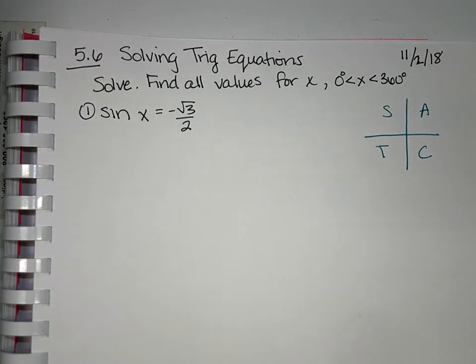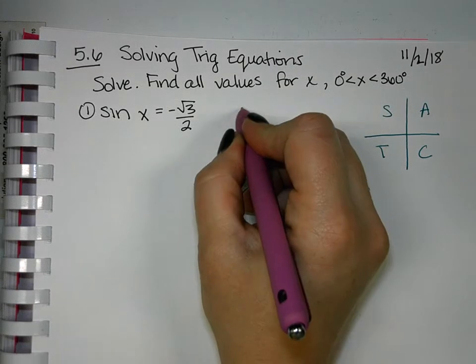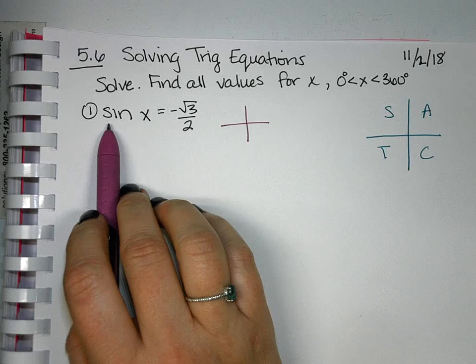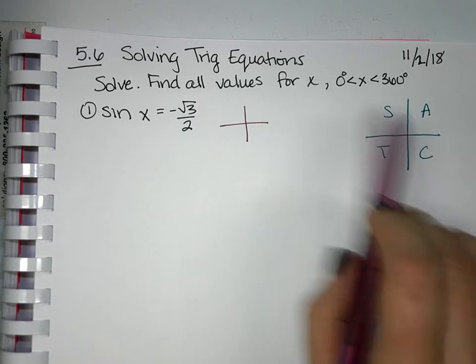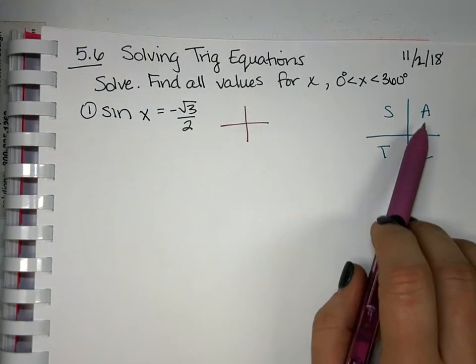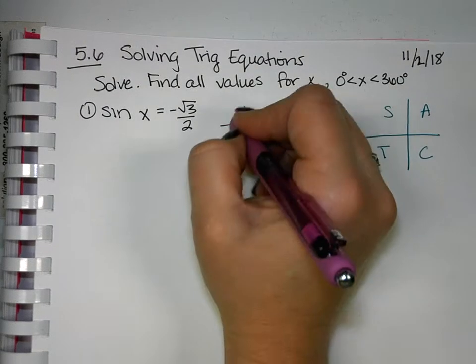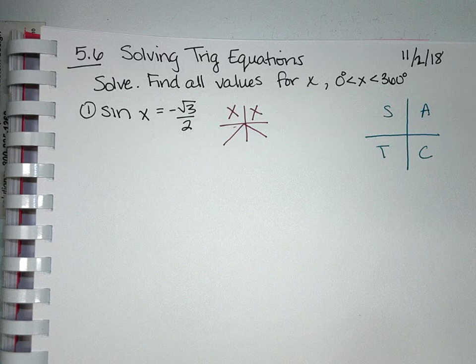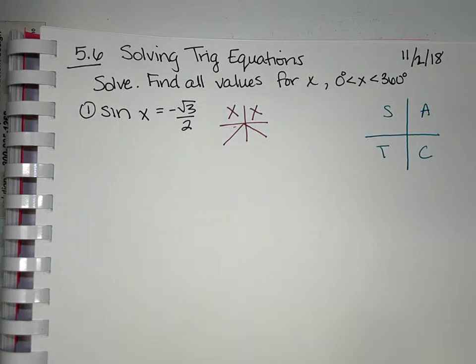We first look at which angles give me a negative sine value. Sine is positive in the first two quadrants, so it can't be either of those. So it's going to be the 2 angles in quadrants 3 and 4.